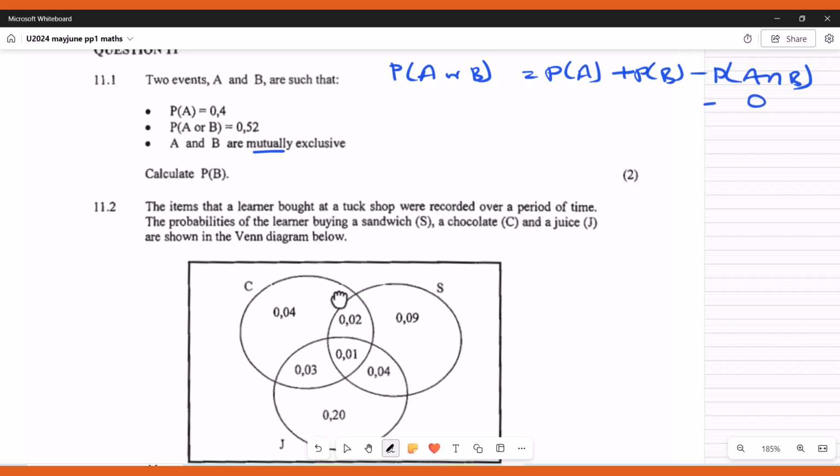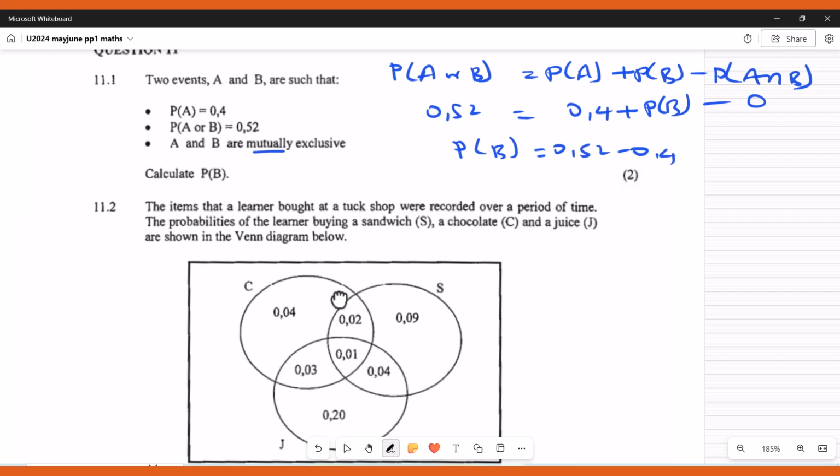Let's now substitute. A or B is 0.52, probability of A is 0.4, looking for probability of B. So probability of B equals 0.52 minus 0.4.